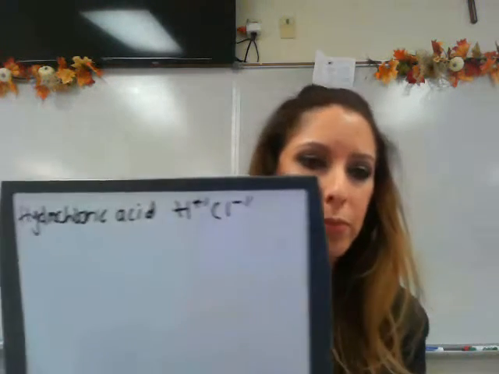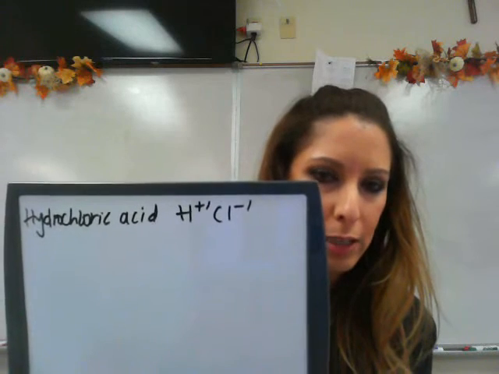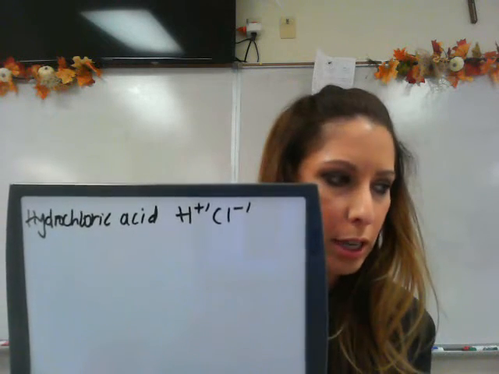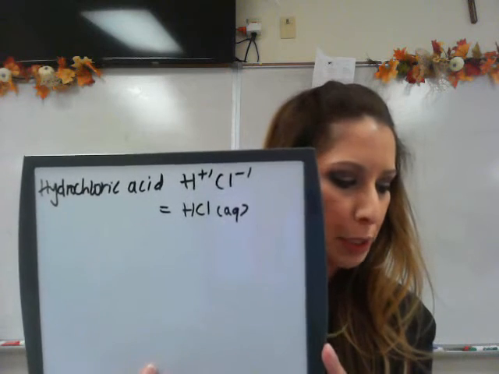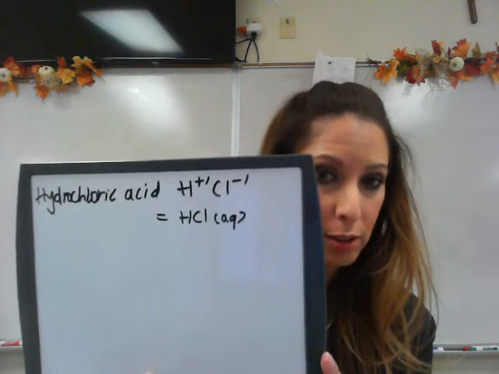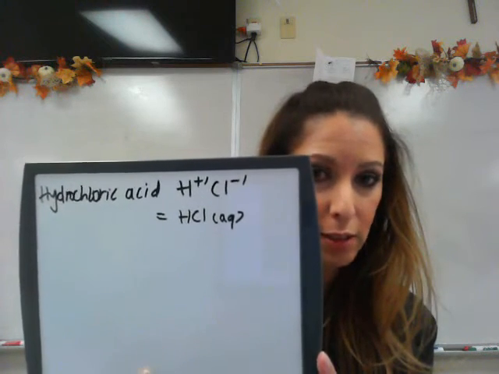So if we've got hydrochloric acid, that means we have hydrogen attached to chlorine. Okay? And when the numbers and the charges are the same, they cancel, and I get HCl, and I have to write an AQ after it because it has to be dissolved in water, otherwise it's wrong. Otherwise it's hydrogen chloride. Okay?